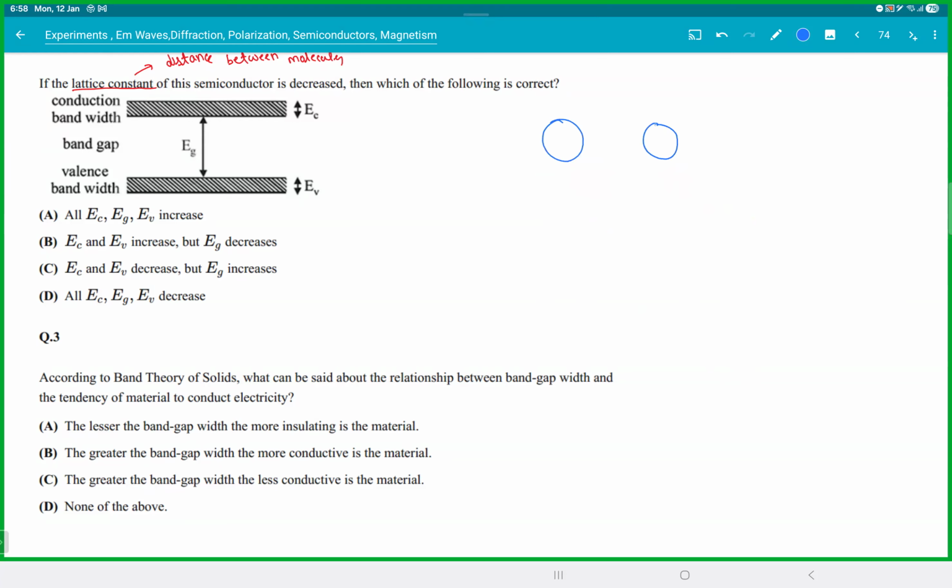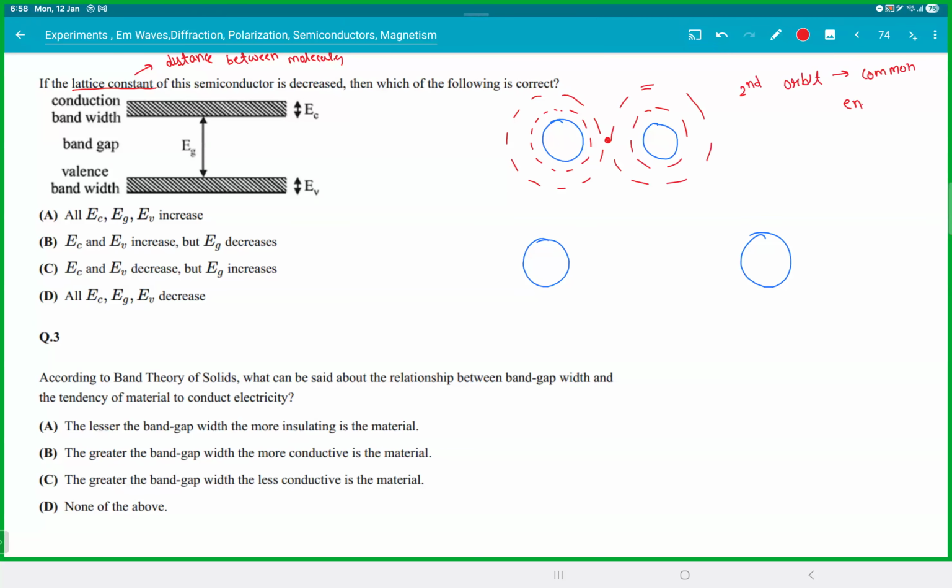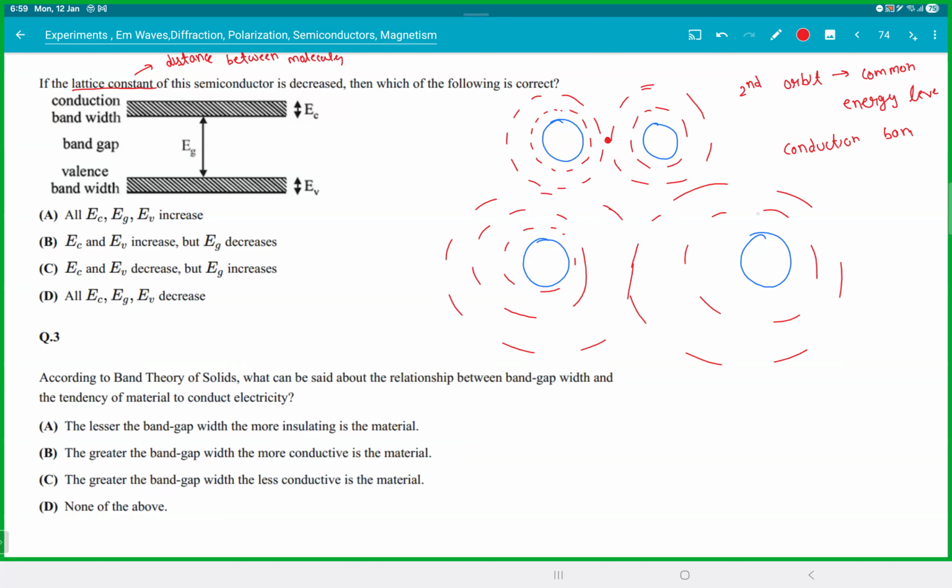So I'll put the picture there. So this is like this, and this is like this. Let's say this is one orbit, and this is the second orbit. So basically, the second orbit is a common orbit. That's your conduction band. Maybe 2s. But now, because you made it bigger, now it has to go more.